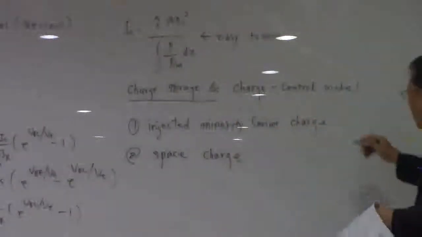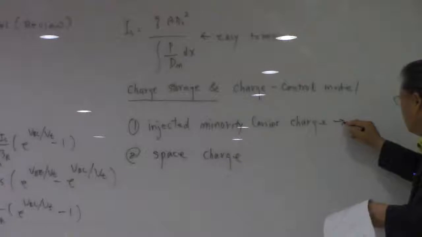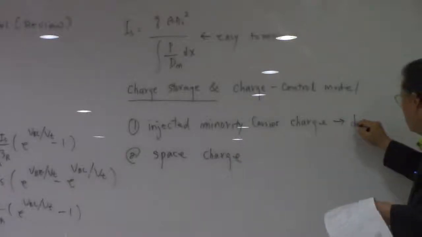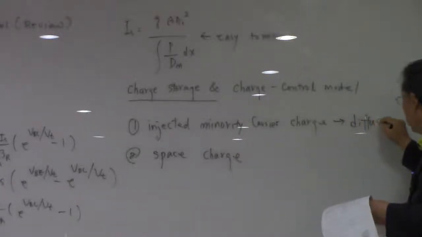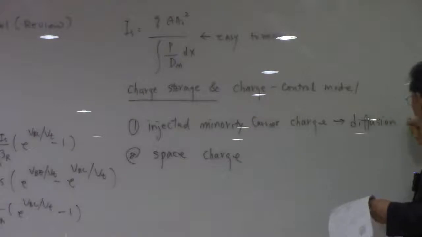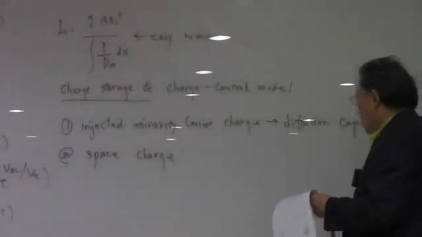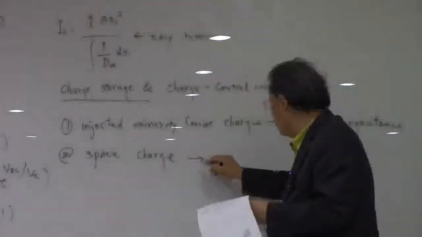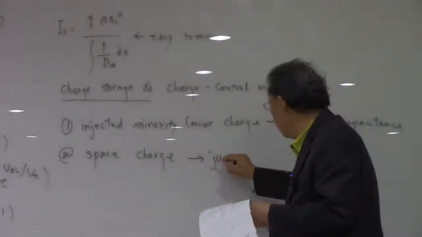Injected minority carrier charge is going to give us the diffusion capacitance, we call diffusion capacitance. And the space charge will give you the junction capacitance.